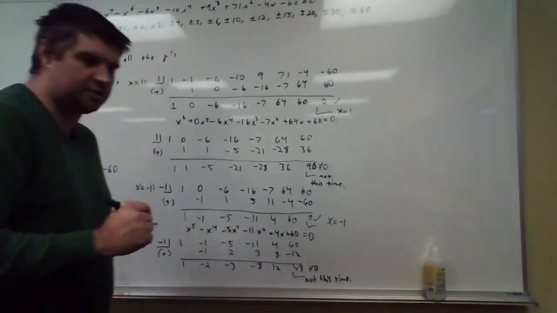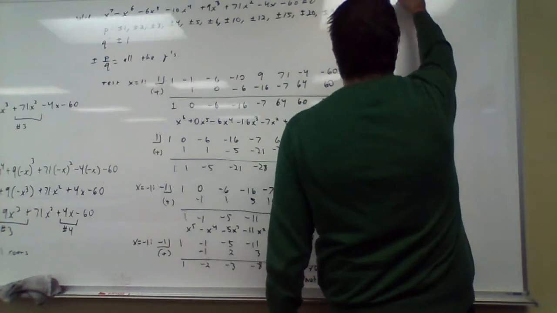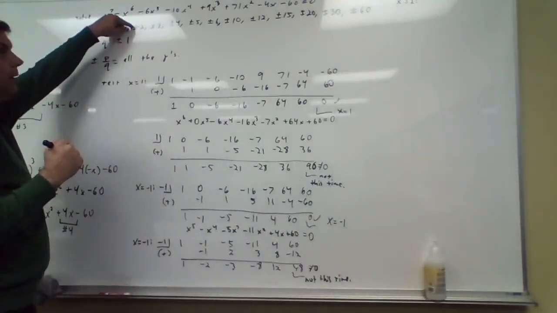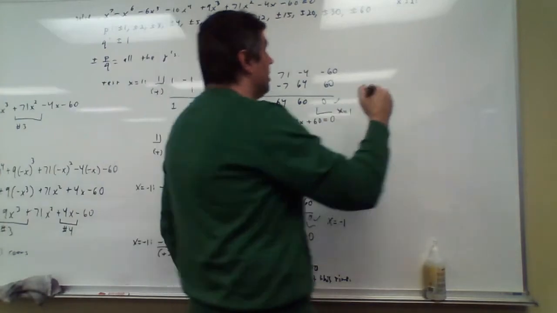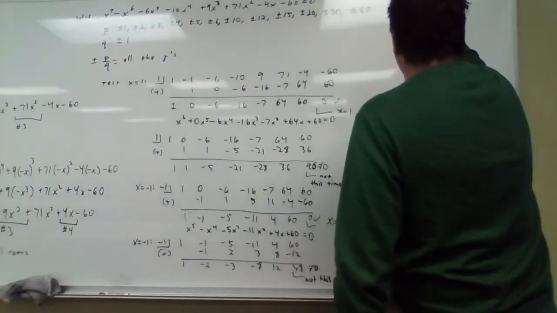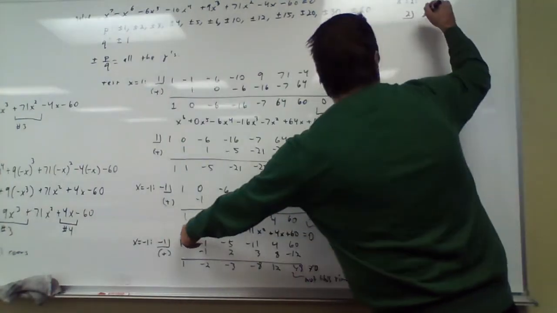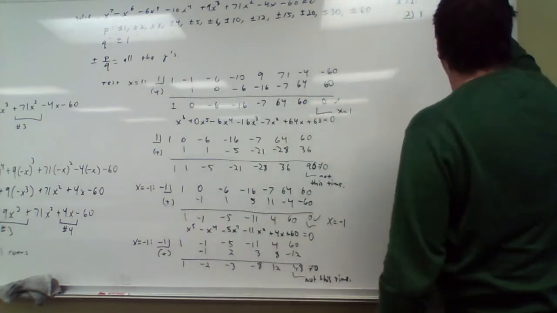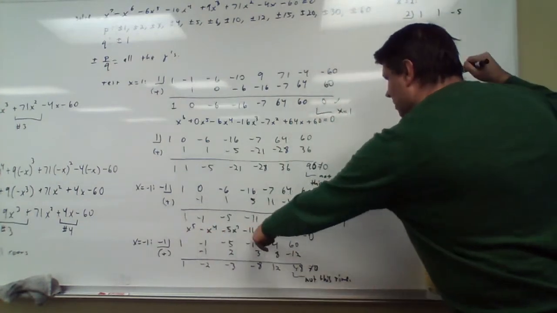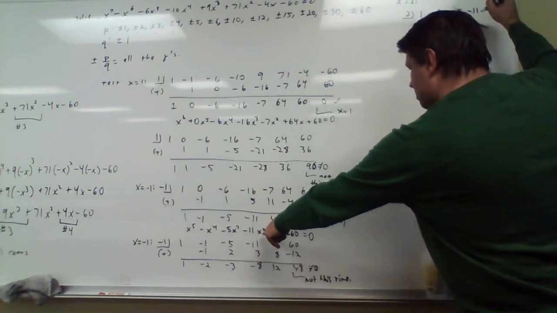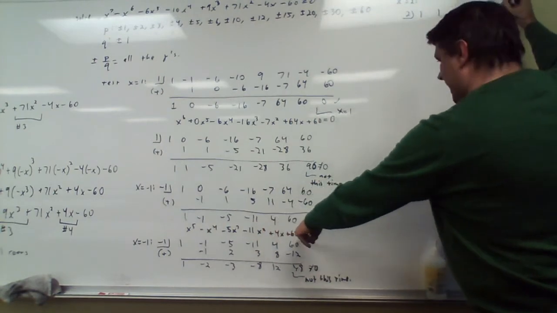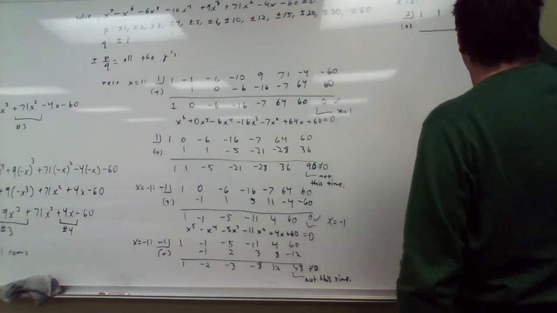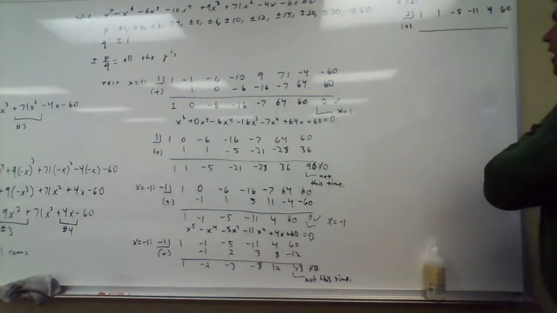Negative 1's out. Let's try x equals negative 2, or x equals positive 2. So 1's out, negative 1's out, now we'll try 2. So I've got 2 I'm going to put in the box, and the polynomial is 1x to the 5th minus 1x to the 4th minus 5x cubed minus 11x squared, 4 and 60. All right.